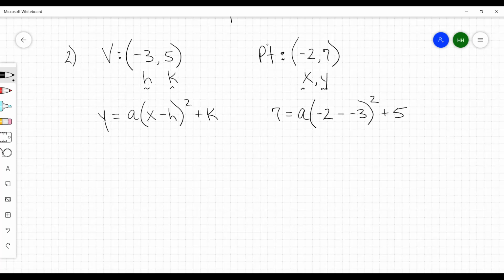So now this 7 is equal to a times, inside these parentheses, negative 2 minus negative 3. That's a plus, so negative 2 plus 3, which is positive 1, squared, which is 1, plus 5. If you subtract 5 from each side, then 2 is equal to a.